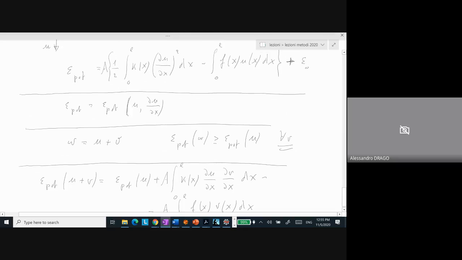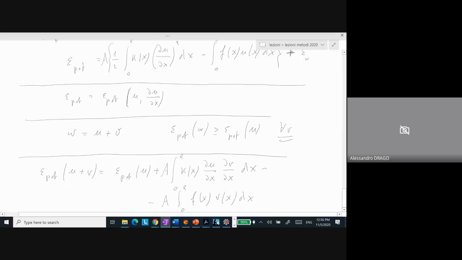So I have written the two terms which were containing only u. I already wrote them as the potential energy of u. The two terms containing v linearly, one coming from the mixed term of this object and the other coming from here. It remains the term containing v quadratically, coming from the first object.